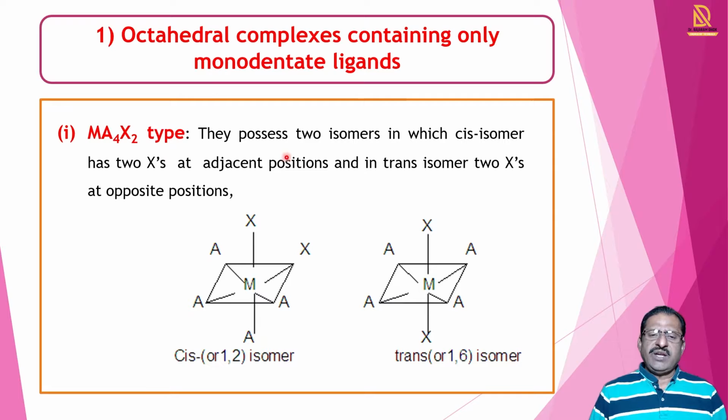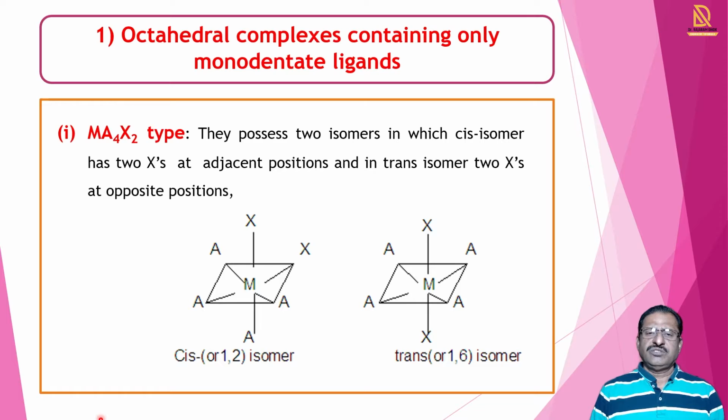When there is attachment of 6 ligands and we take MA6 or MX6, these complexes do not show isomerism, because if the same type of ligands are attached, the structures are equivalent, the positions are of the same type.